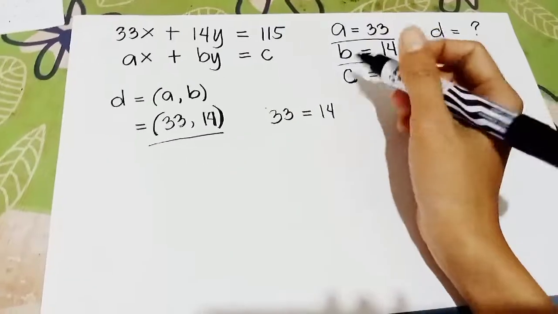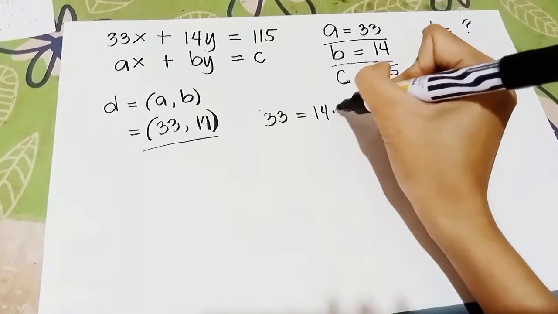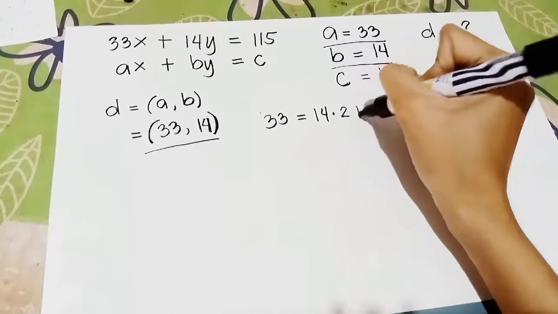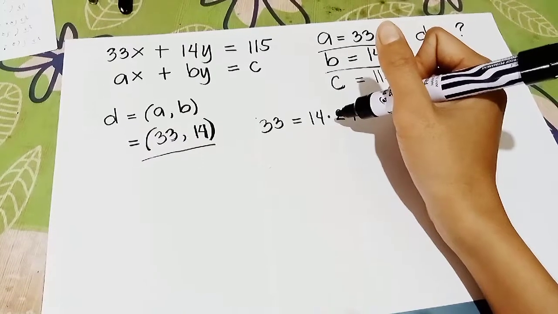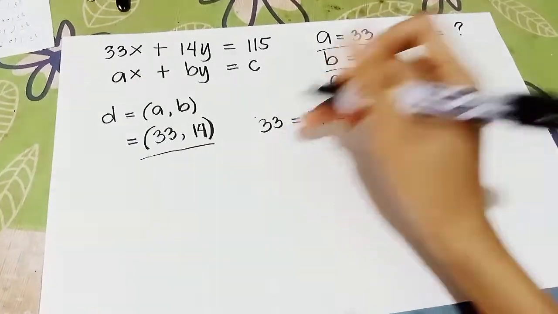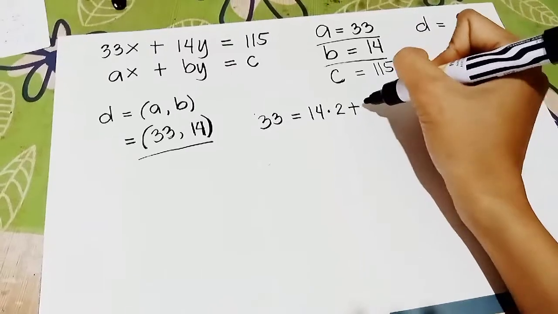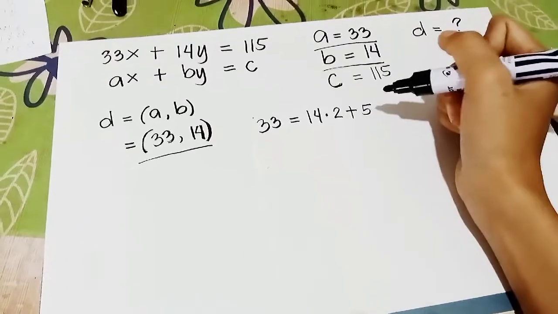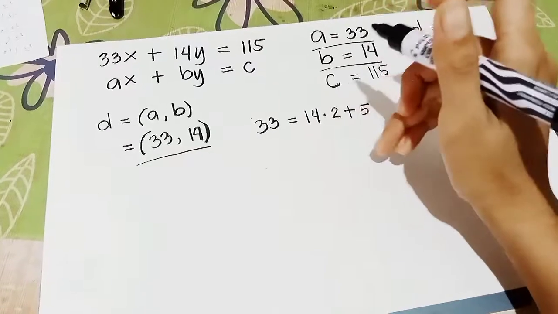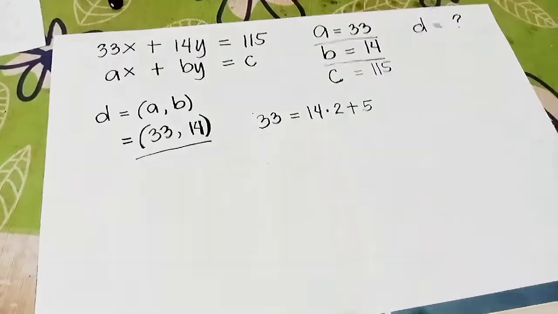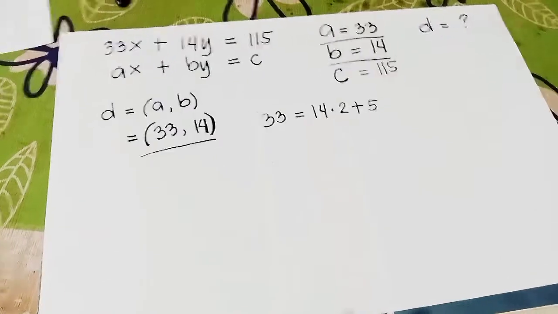33 divided by 14 is 2, so 14 times 2 is 28, and 33 minus 28 equals 5.